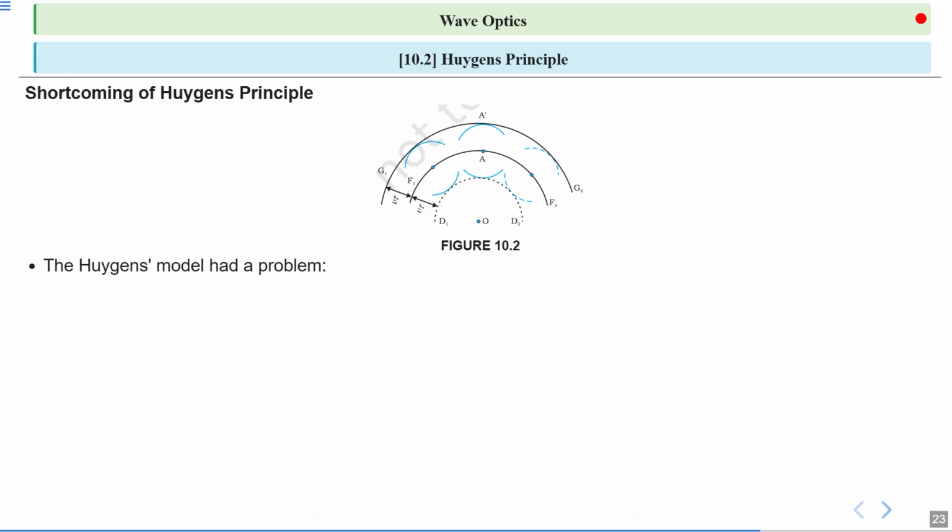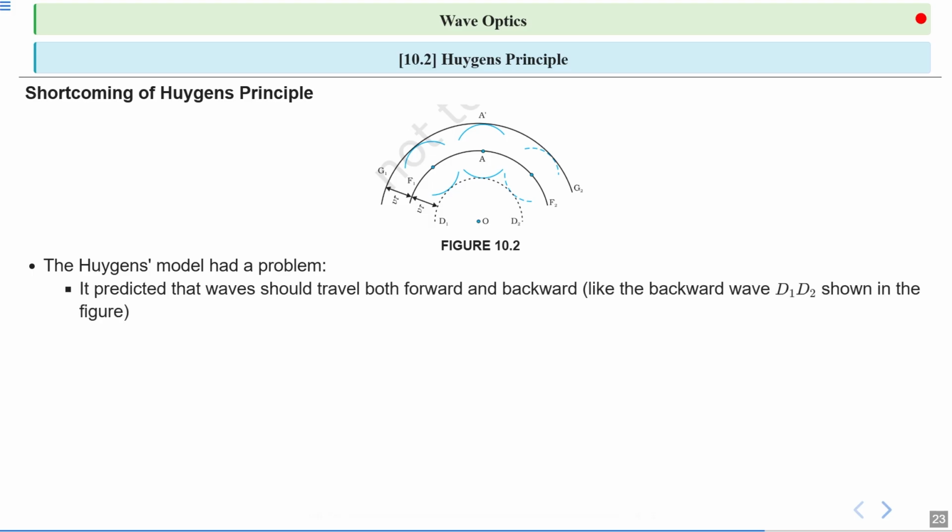He said that a wave propagates in the forward direction only and there is no backward motion. In reality, we only observe waves moving forward, not backward. This is a critical point because it challenges the completeness of Huygens principle.